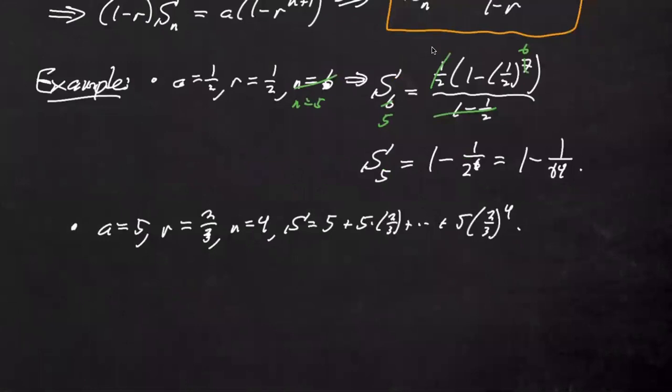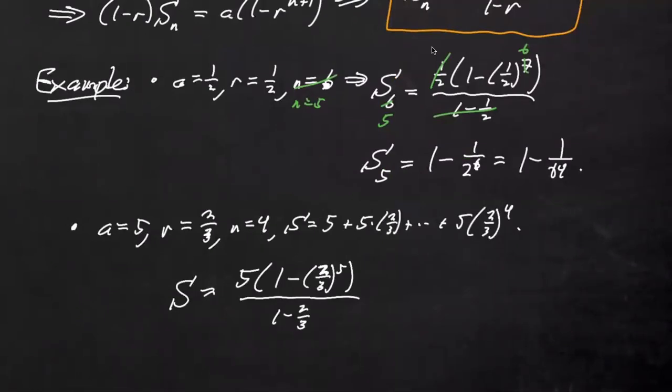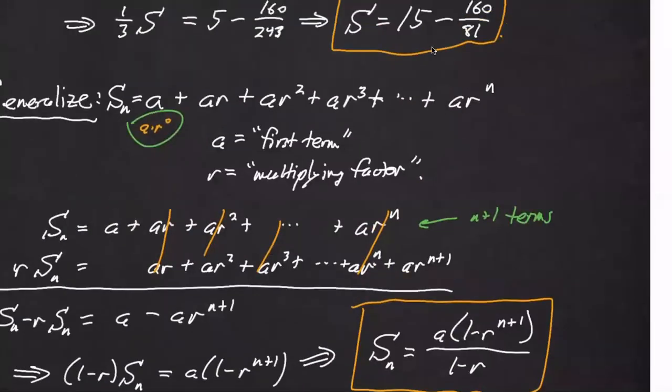And so the geometric series formula says our first term is 5, times 1 minus r, 2/3 to the n plus 1, which is 5, the 5th, over 1 minus 2/3. This becomes 1/3 on the bottom, and dividing by 1/3 is the same as multiplying by 3. So this whole thing is 15 times 1 minus 2/3 to the 5th. Is that what we got there?